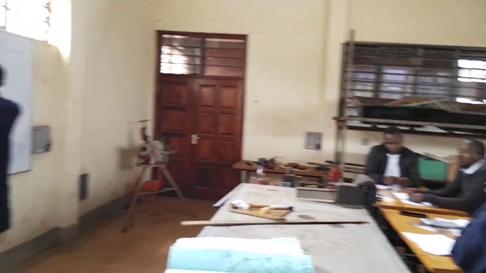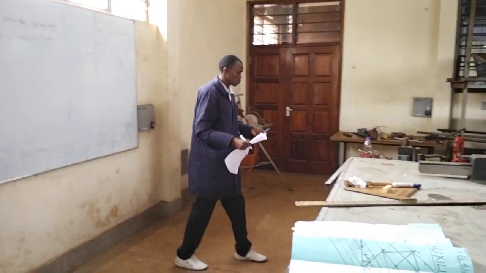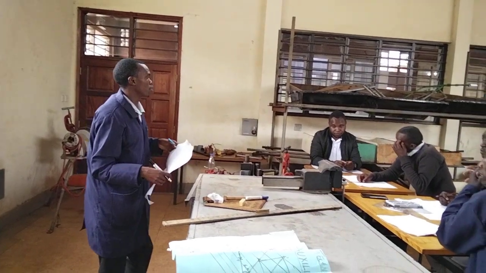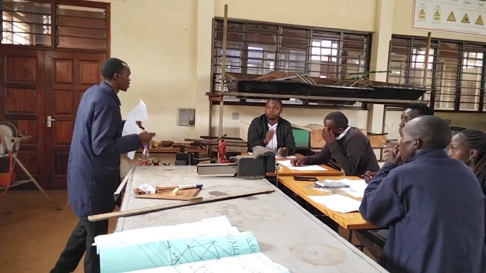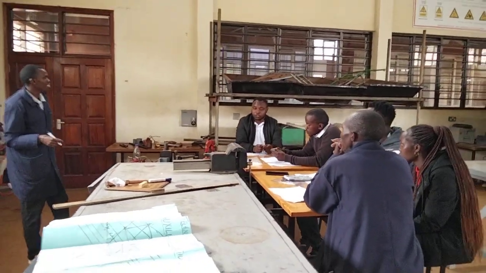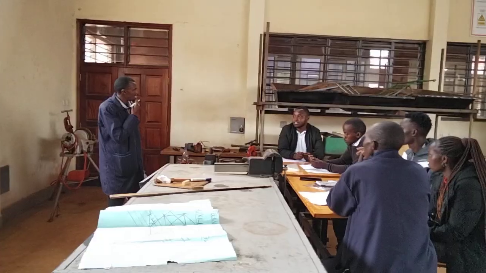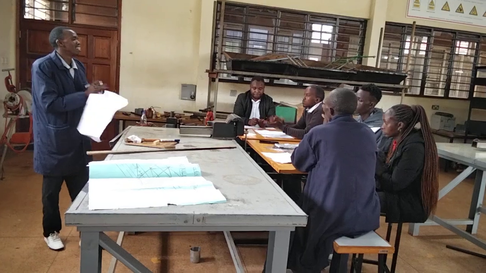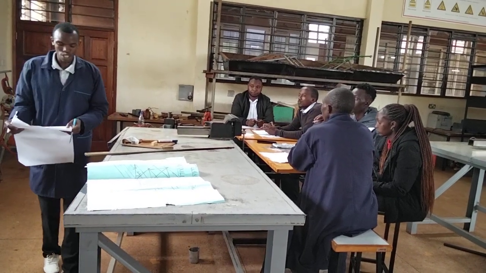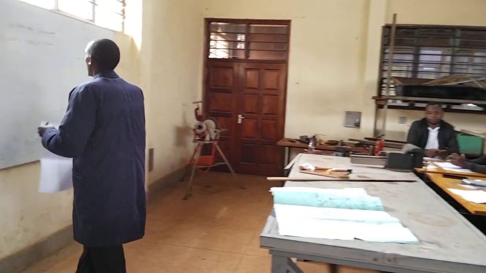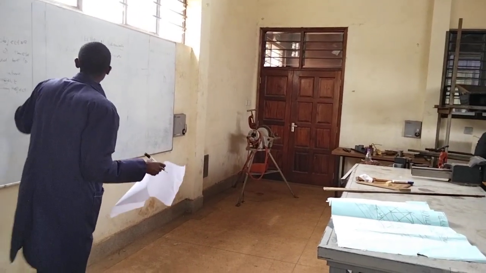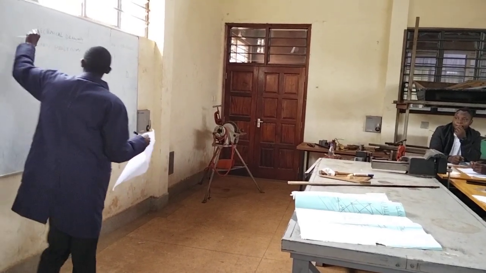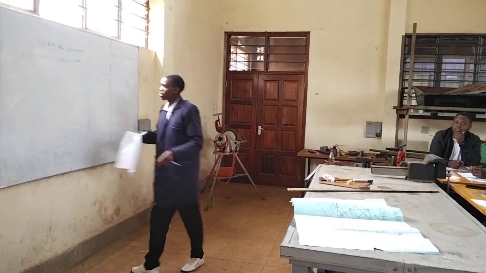Before I start, I'd like to know the meaning of auxiliary projection. Maybe one of us can try to give the meaning. It is the projection in a way that we project in 3D dimension. Clap for him. As we have said, it is the drawing projected in 3D dimension.